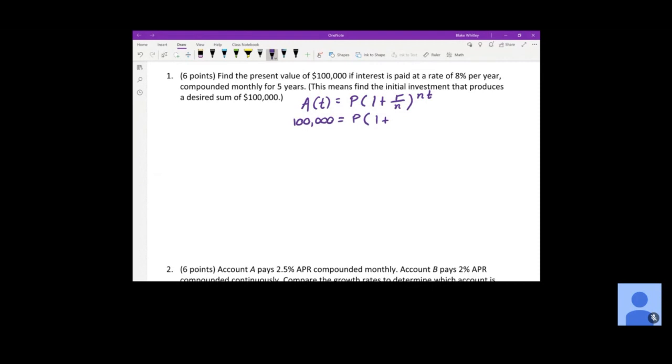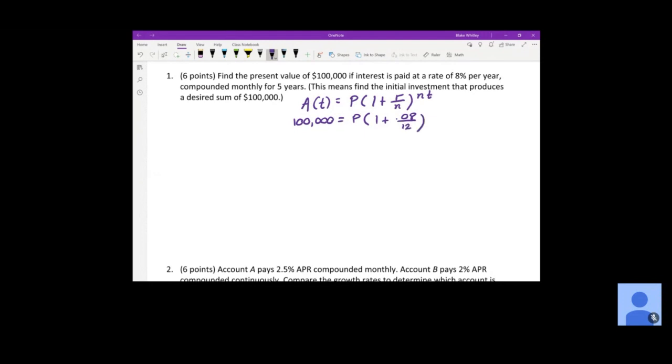What's our R value going to be this time? Okay, it's good. So we can put that percent to a decimal, so 0.08 divided by N. Well, what's our N value going to be? Good. Since we're compounding monthly, that means 12 times per year, so our N value is 12.